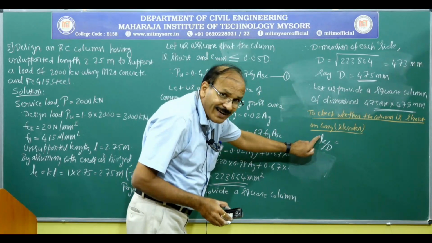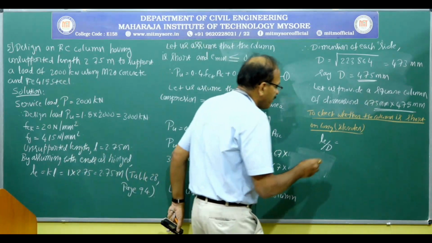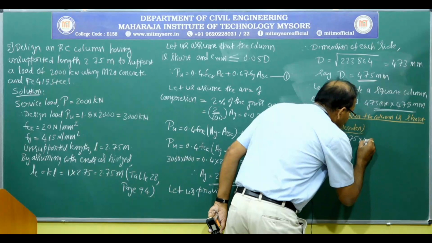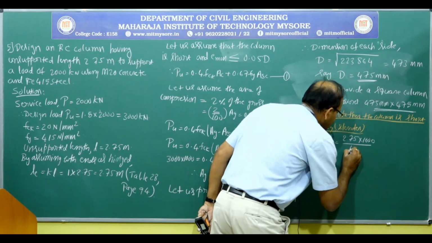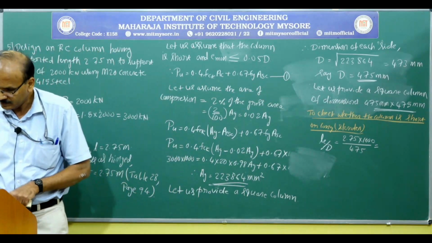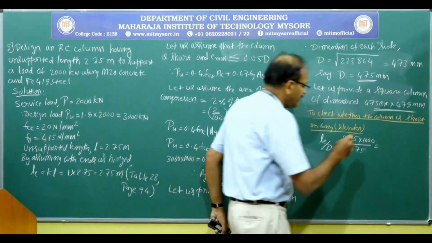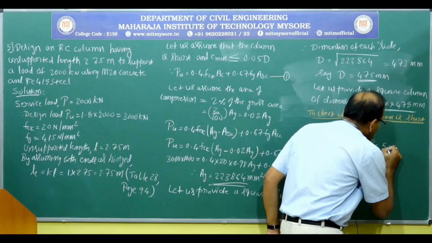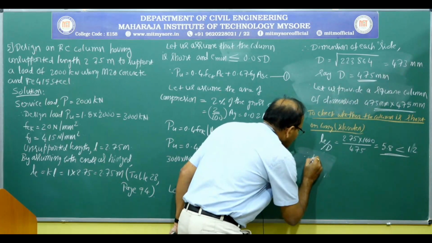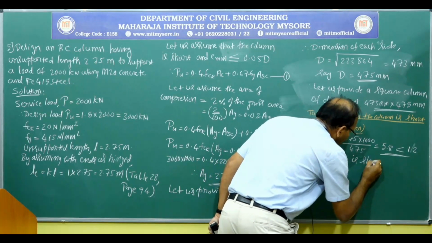So LE by D, where LE is the effective length. What is LE here? 2.75 meter. Convert that value into millimeter, divided by D, which is 475. So that value equals 5.8. This value is less than 12. Therefore, the column is short.